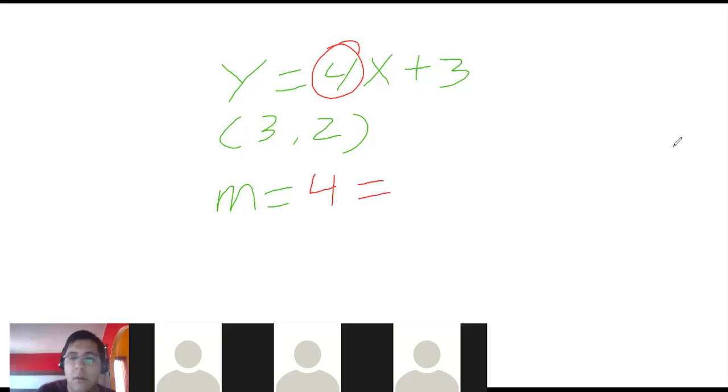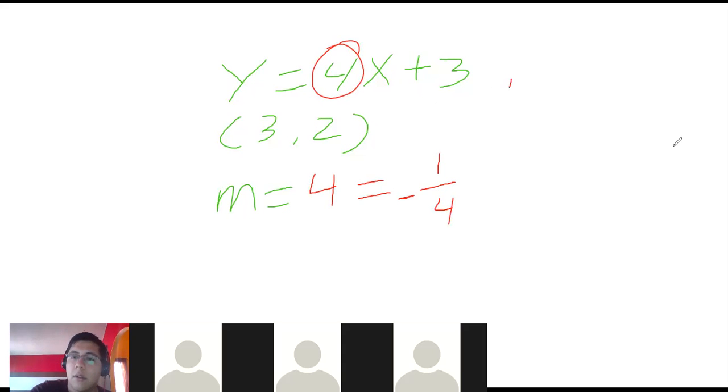Now, we want a perpendicular line, so what would be the slope of our perpendicular line? 4/1 or 1/4, right? 1/4. But one more important thing that we're missing there: it has to be negative. Why negative?